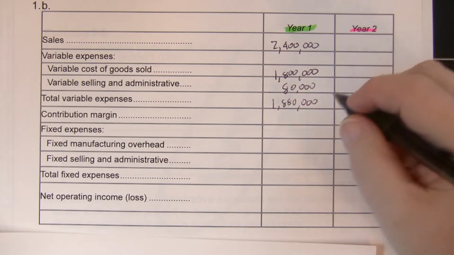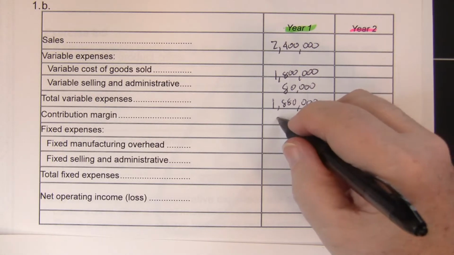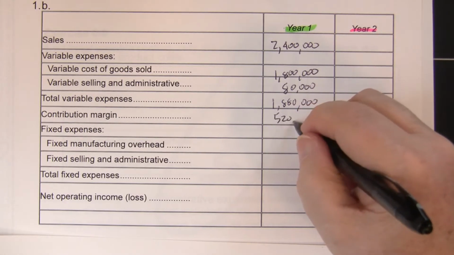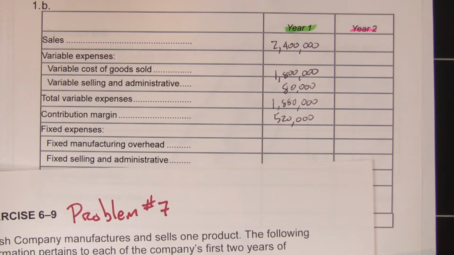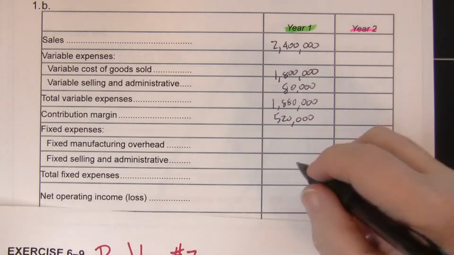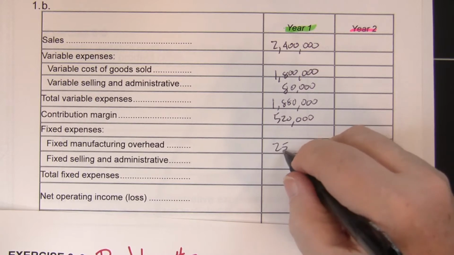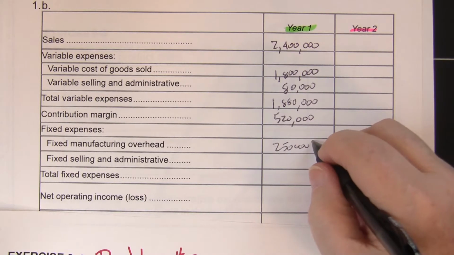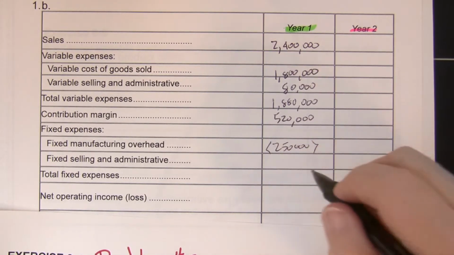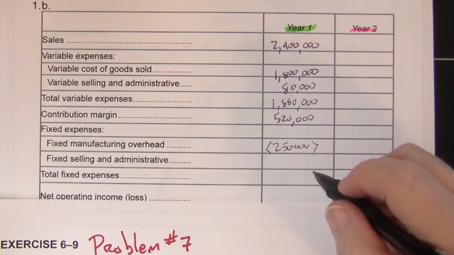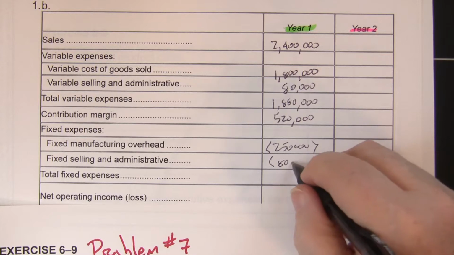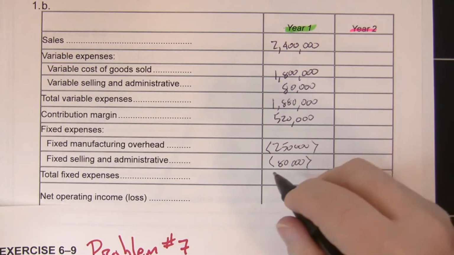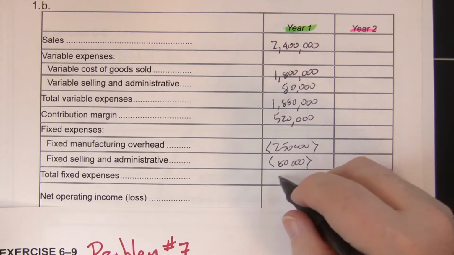Therefore, the contribution margin is 520,000. The fixed manufacturing overhead is 250. Remember, we need to subtract that. And the fixed selling and administrative is 80. So altogether, that's a total of 330.